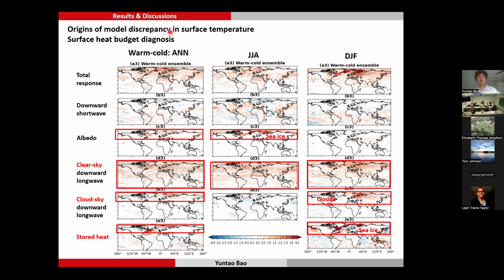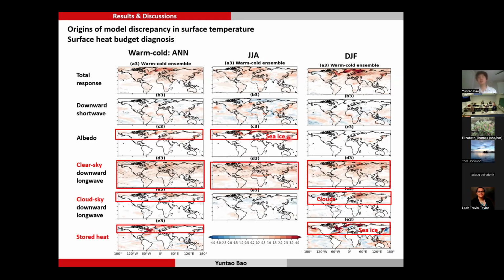So this is for the annual mean, but for JJA, we can see the annual mean albedo is mostly coming from JJA, which confirms our thought that it's coming from sea ice, because in the mid-Holocene the insolation increases, right? So the sea ice itself will decrease.